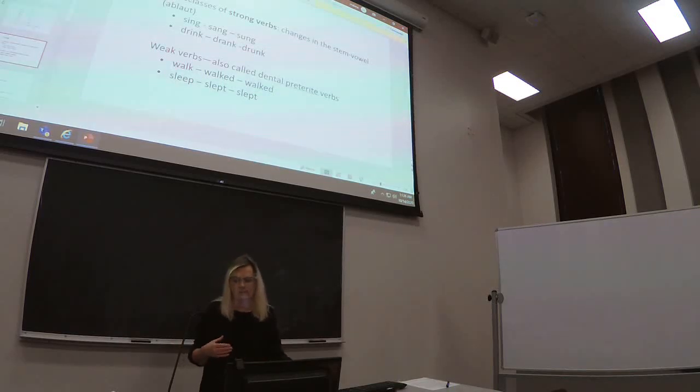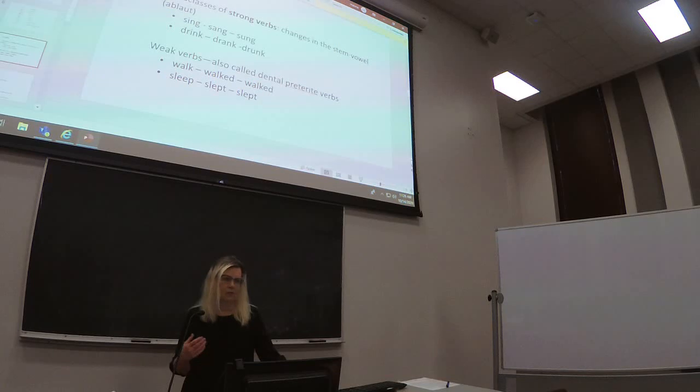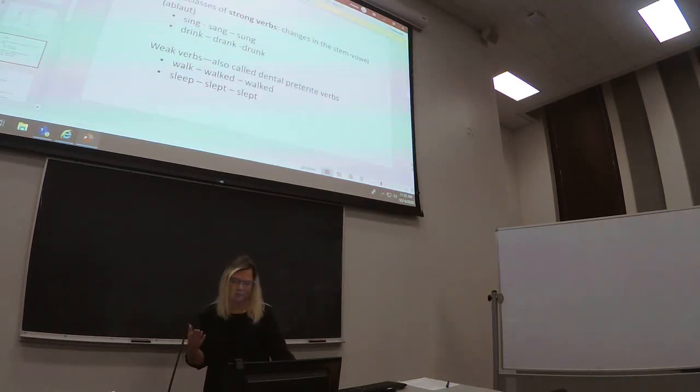These are called dental preterite because they have d or t, and those are alveolar in present day English, but they are lumped together. The term used in historical linguistics for t and d is typically dental. Preterite is not identical to past tense, but for our purposes you can conceptualize it that way.